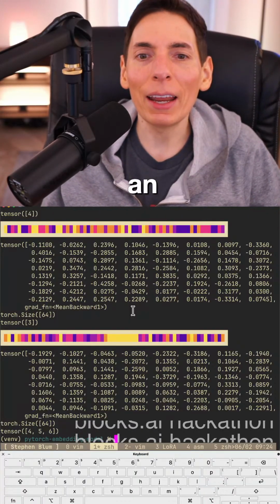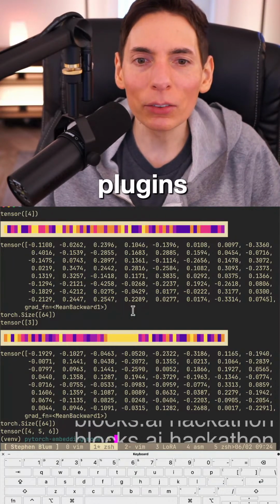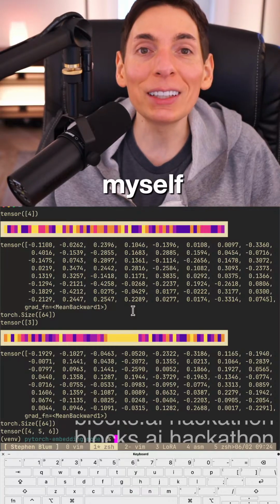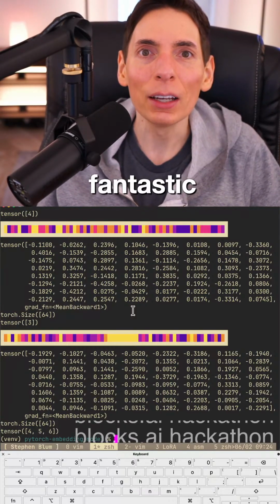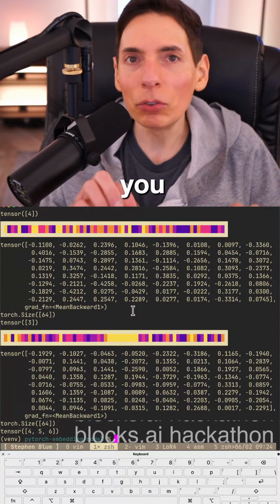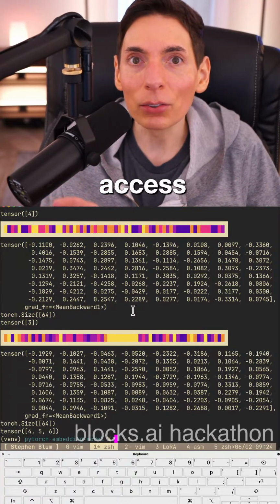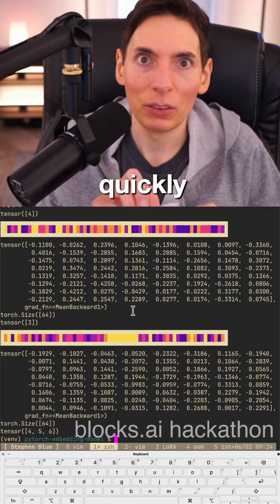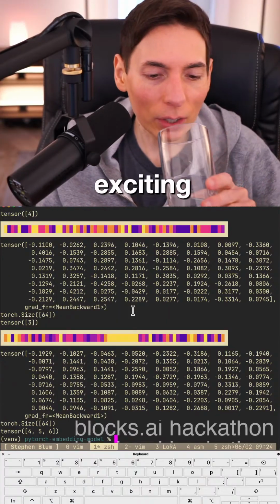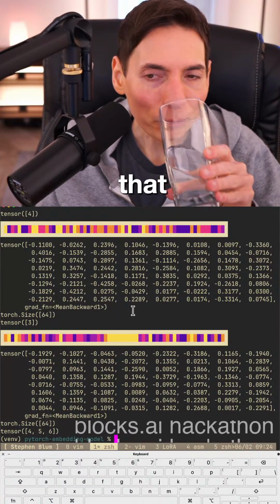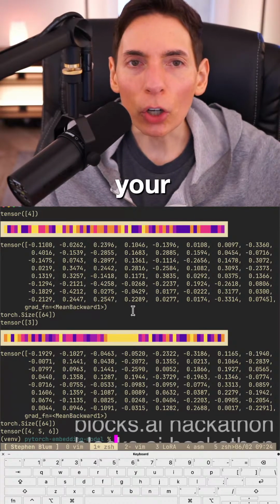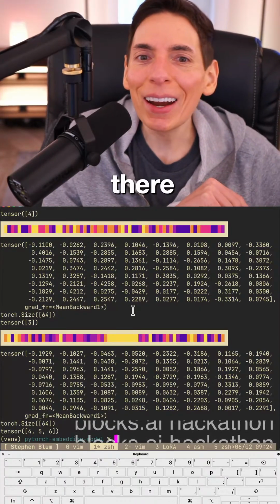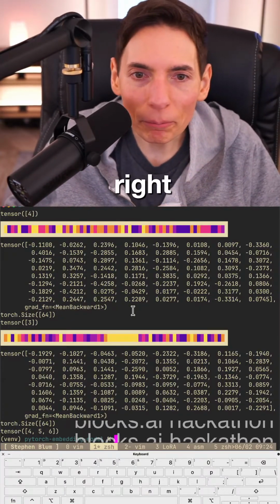You recently added an AI code explainer in your NeoVim plugins. Mostly wrote it myself. Derek, that is fantastic. That is great because it gives you much easier access to get answers for things that you're looking for really quickly. That's really exciting. I like that. You never need to leave your terminal. You can stay right there, or your IDE, whatever your IDE is, right?